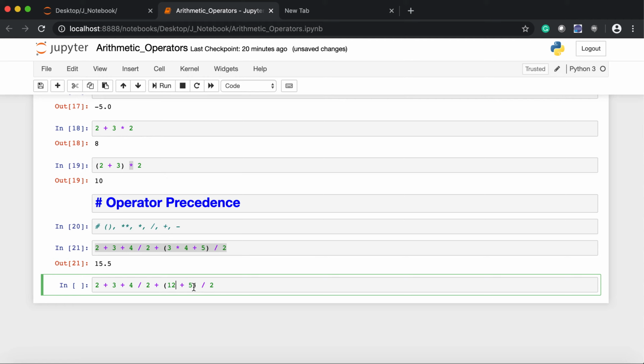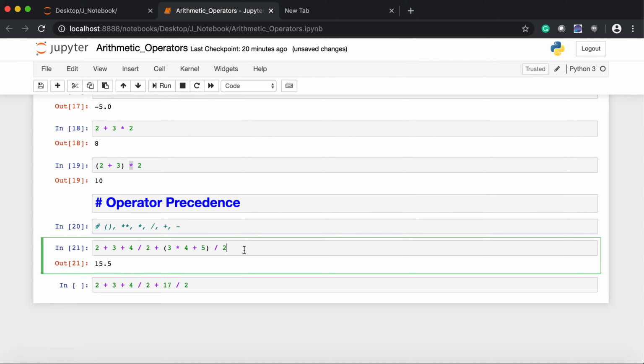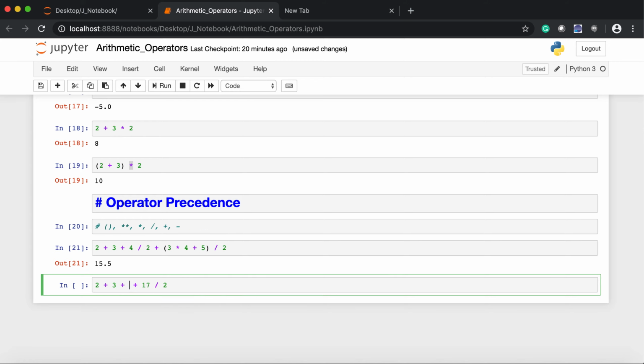Now again this would be 17. So now we can remove this bracket and make it 17. Now what is the next in the sequence? Yes, that is divide. So if this is going to divide, then what will be the 2, and if this is going to divide, then what will be 10.5.